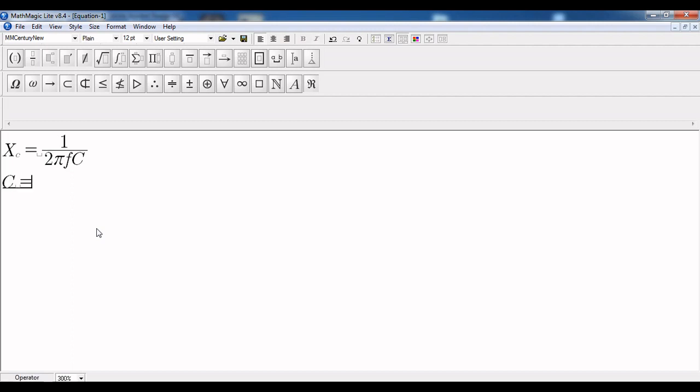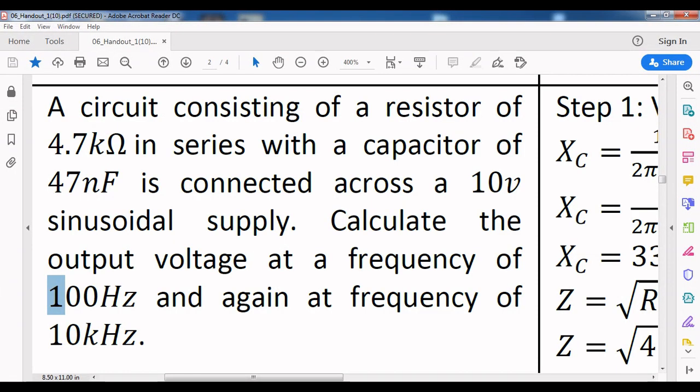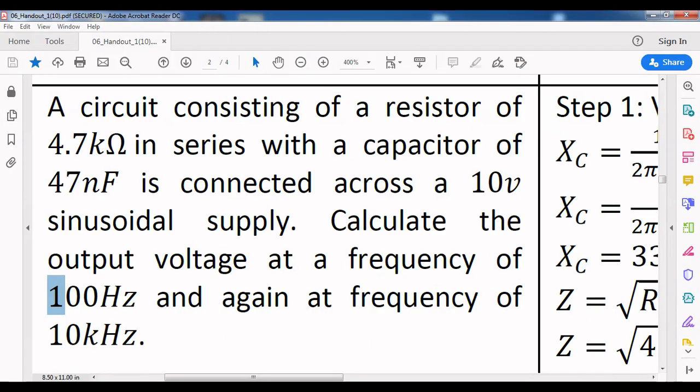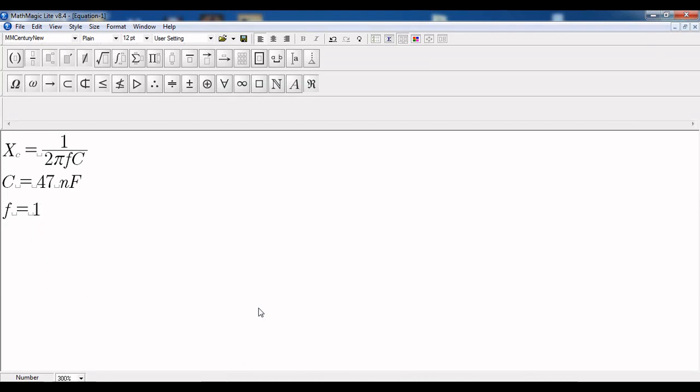So capacitance is, God, I forgot. There we go, 47 nanofarad. Sorry about that. And then we have the frequency, which is 100 Hz. And we are to determine X sub C. By the way, X sub C is in ohms. Okay? So let's take a look.